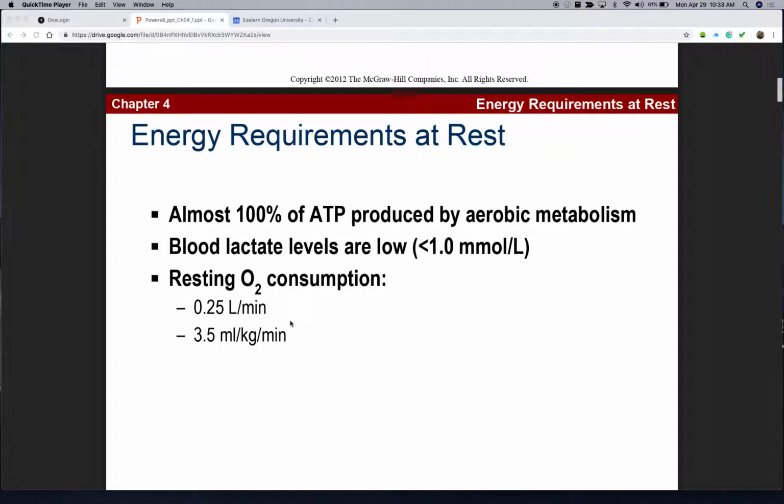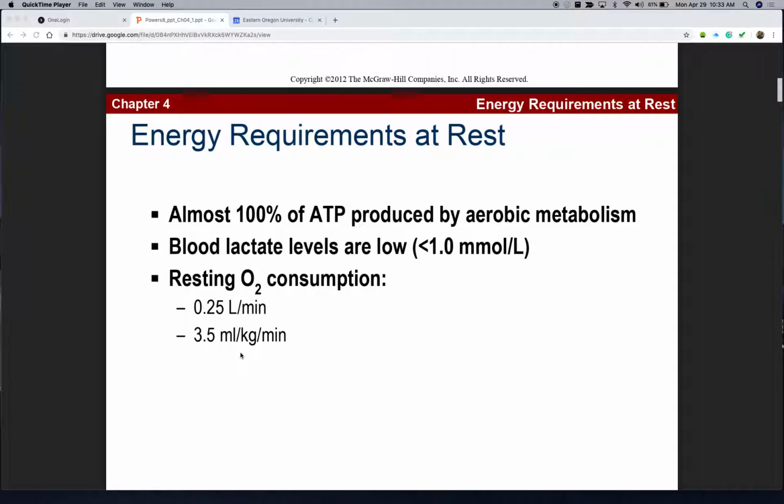Okay? So if Jordan wanted to estimate the amount of oxygen that he consumed in a 24-hour period, then he would multiply this by what? His weight in kilograms and the number of minutes in 24 hours, right? So 1,440 minutes is 60 times 24.